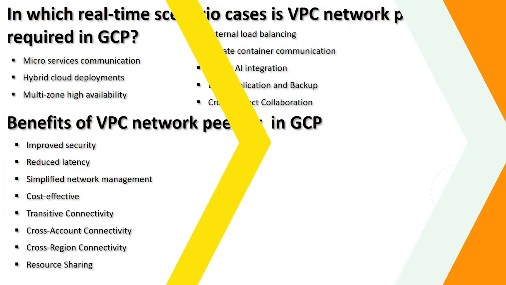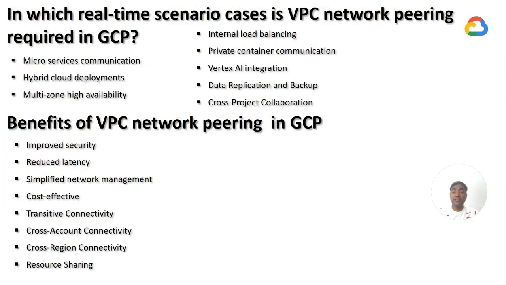Now guys, I'll guide you on in which real-time scenarios VPC network peering is required in Google Cloud Platform. As you can see here, some of the real-time scenarios are microservice communication, hybrid cloud deployment, multi-zone high availability, internal load balancing, private container communication, Vertex AI integration, and data replication and backup, and more.